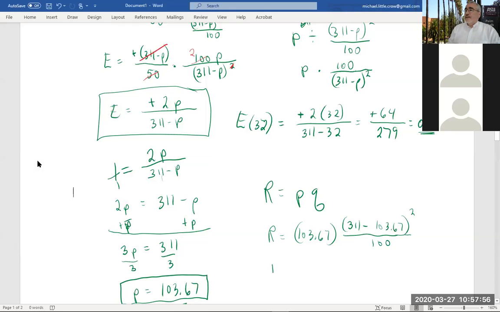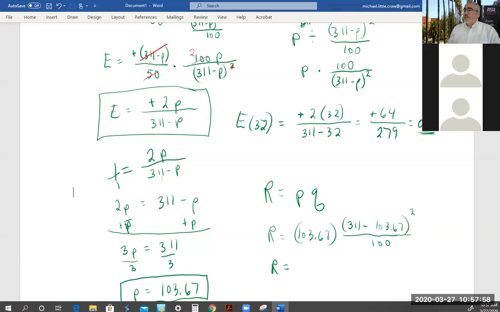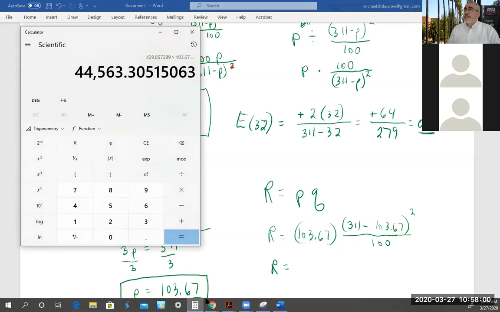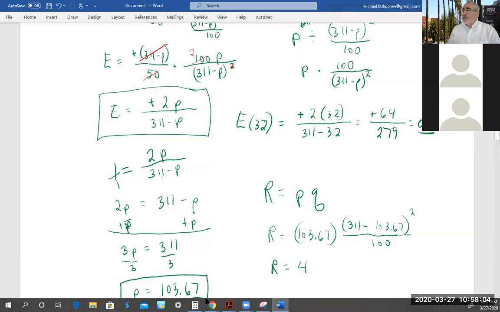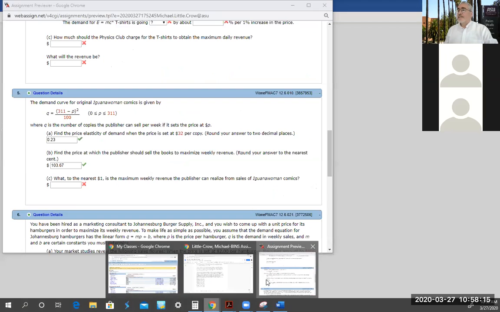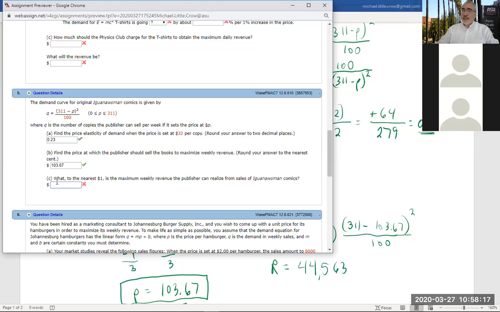So our revenue is $44,563. Okay, and it said the nearest dollar, so we rounded it to the nearest dollar there. Just put that in, it should be good. 44,563.